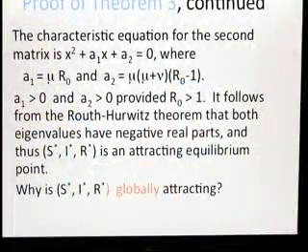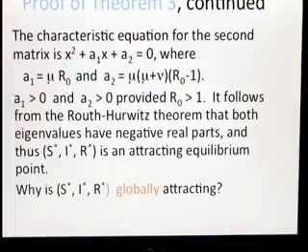Now I apply Hartman-Grobman to tell me that the endemic equilibrium point for the nonlinear system is locally attracting. Is that clear?